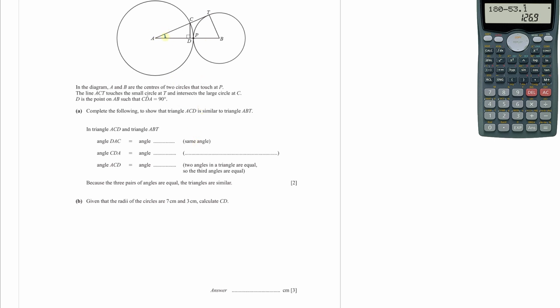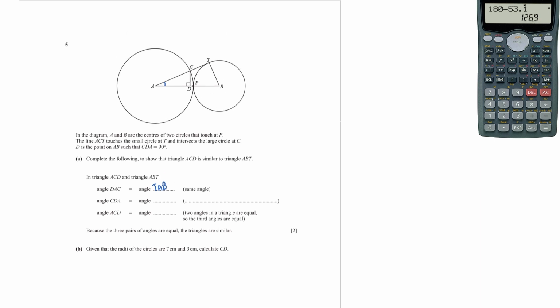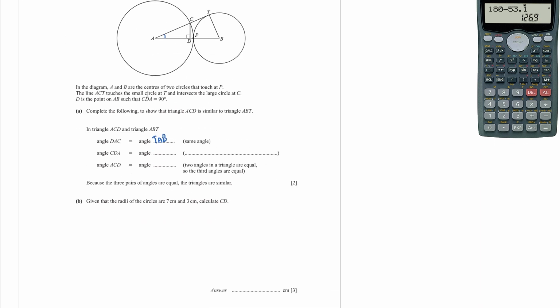So this angle here is common in both triangles, ACD and ABT. So this will be angle TAB, because they are the same angle. So this is the same.